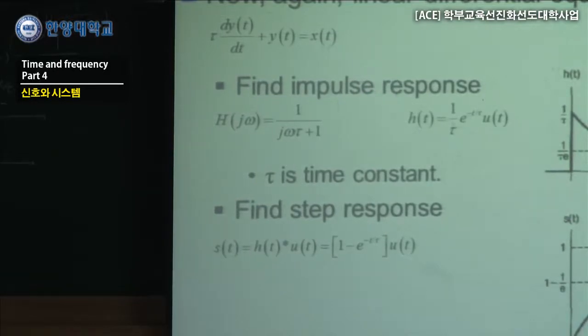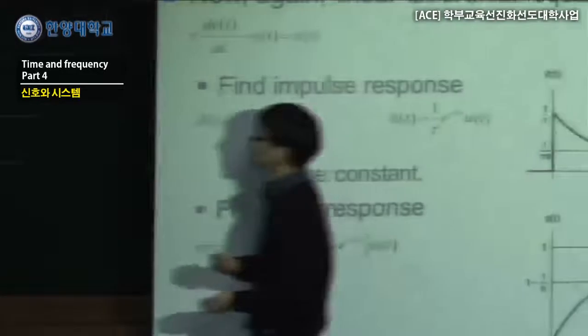If you plot a step response, it will be given like this. It is reaching 1. At time tau, there will be a value like this. And this tau, we often call the time constant. That's how the system we have learned before.